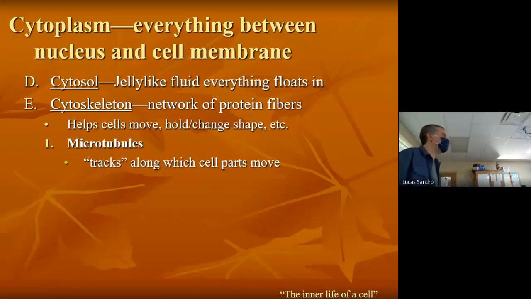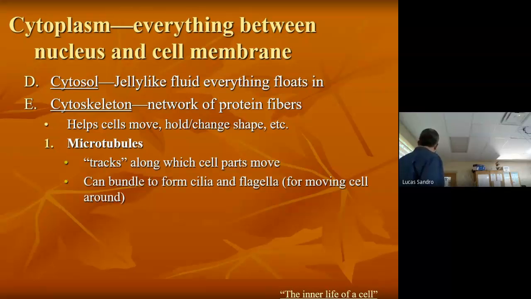The other thing they can do is bundle up together and form things on the outside of the cell, hair-like or whip-like projections called cilia and flagella that actually help cells swim. Cells that swim typically do it one of 2 ways.